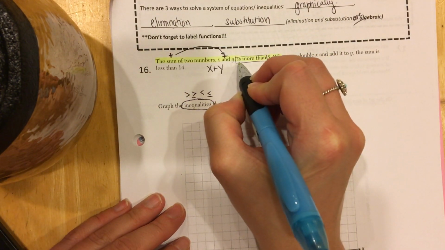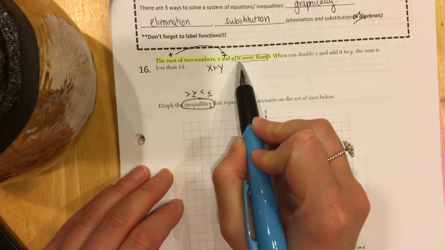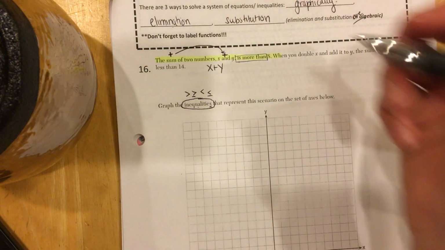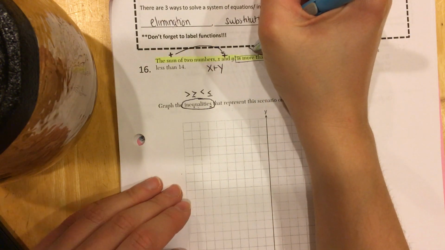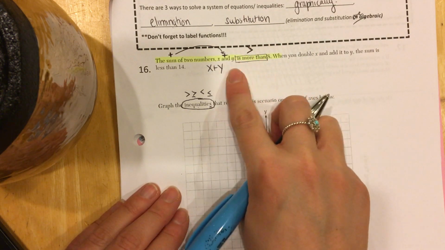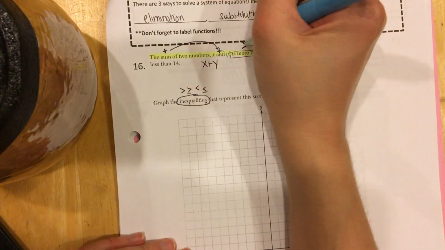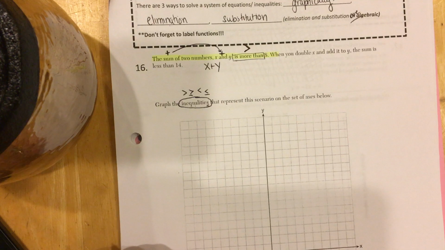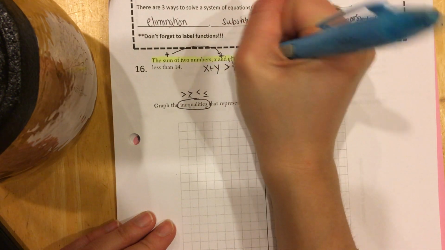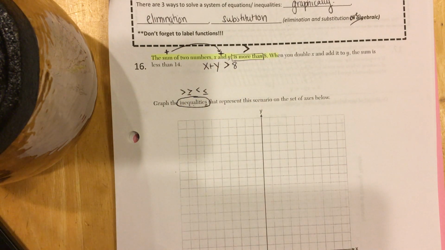Usually the word is in a word problem is where my equal sign goes, but because it's attached to the word is more than, that's where my inequality goes. So the more than symbol is like this. It doesn't say greater than or equal to or more than or equal to, so you don't put that line underneath, you just leave it plain old more than, like that. The greater than symbol is more than, so that's where it goes, 8. That's going to be your equation number 1.